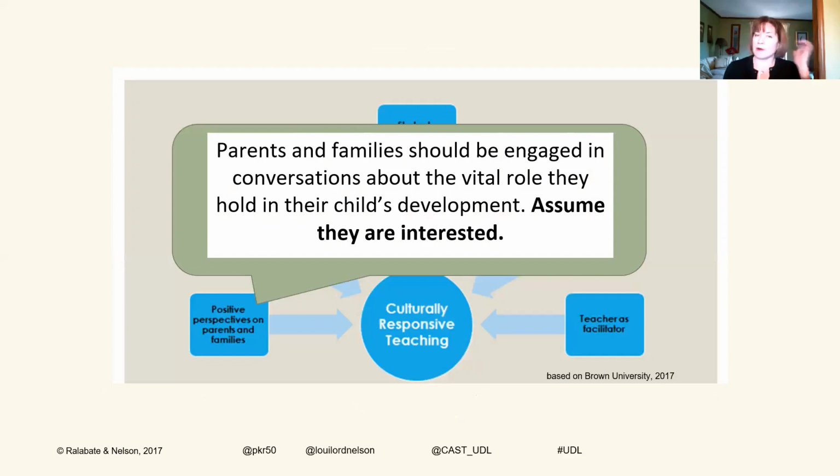So when we think about parents and families and positive perspectives with them, really, this is about seeing our families as learners, and respecting them as learners and anticipating that they want to be involved and that they want to learn.